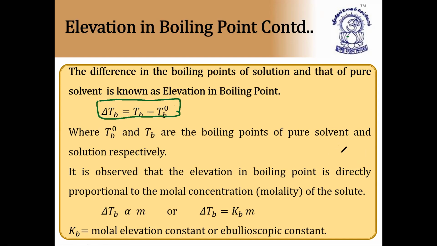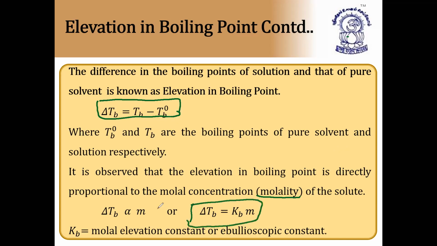It is observed that the elevation in boiling point is directly proportional to the molar concentration, that is, proportional to the molality of the solute. So delta TB is proportional to m, where m is the molality of the solute, that is weight of solute by molecular weight of solute into 1000 by mass of solvent in grams, which we have done in the first lecture.